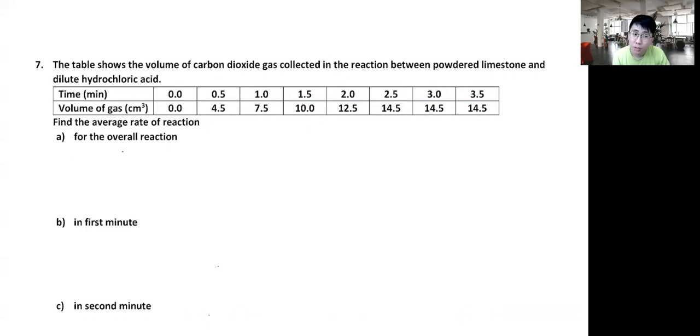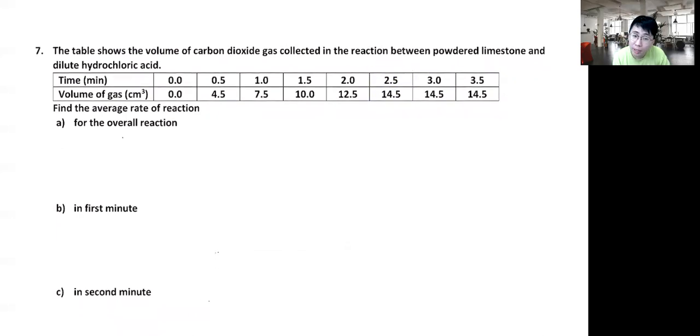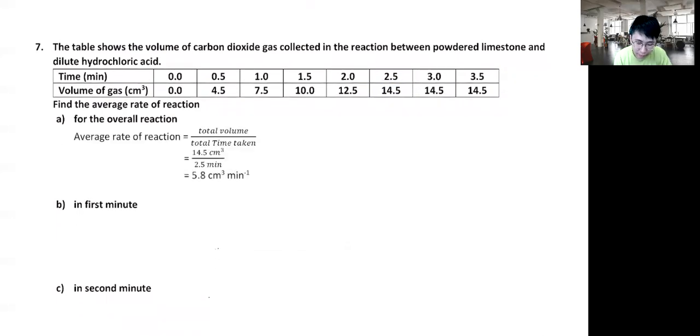So if you want to find the overall rate of reaction, what did I tell you? Take the maximum volume, which is 14.5, but over the time, not the total time, but the time where your reaction stopped. The first point where your reaction stopped is this point, not this point. So it's 14.5 divided by 2.5, and you get 5.8 cm³ per minute.